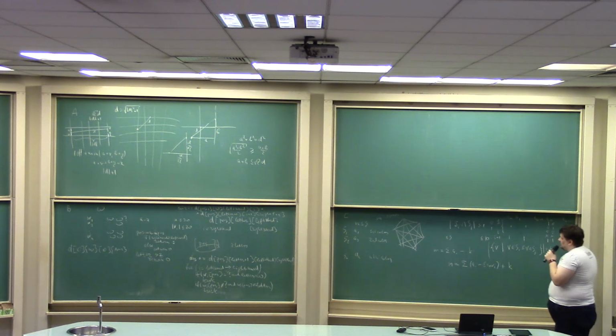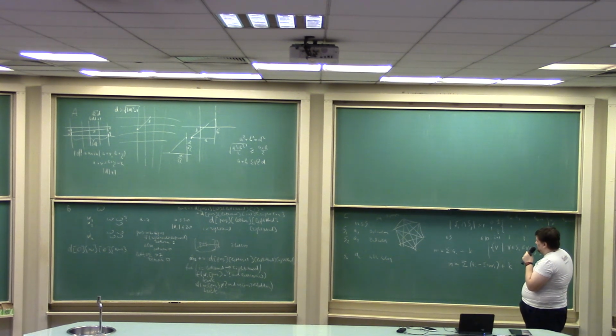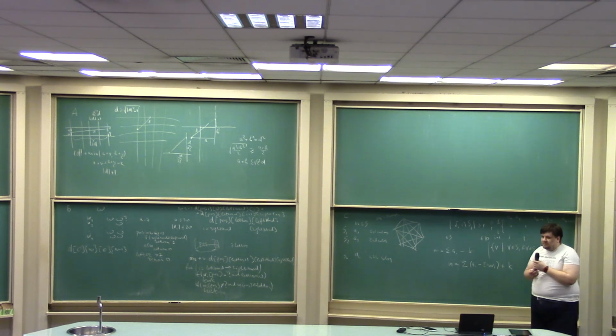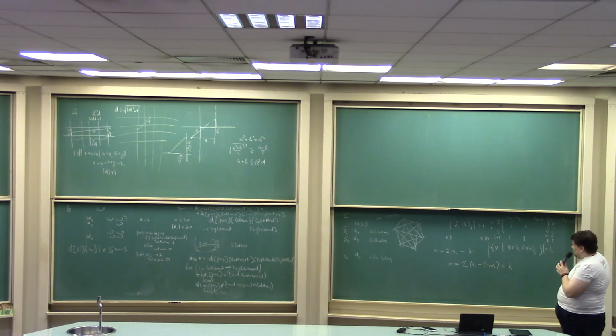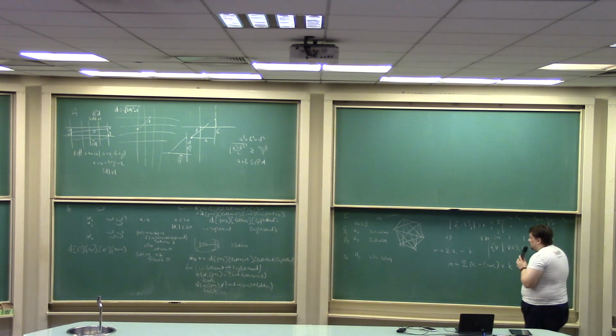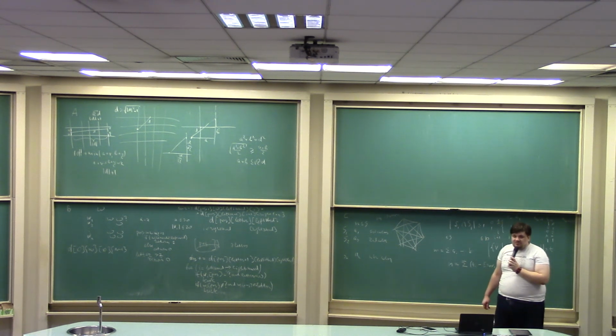As the number of colors is quite small, this backtracking will run quite fast. So that's the solution of this problem. Any questions?